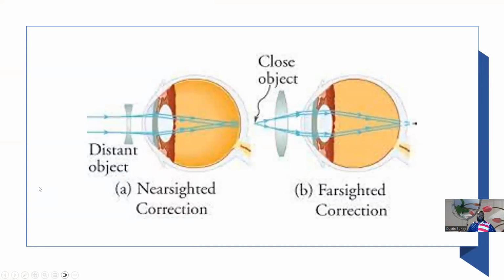If you're nearsighted, it is more convex, and that is why you can see stuff close to you and not far away. When you're farsighted, it's concave, and that's why you can see stuff far away instead of close to you.